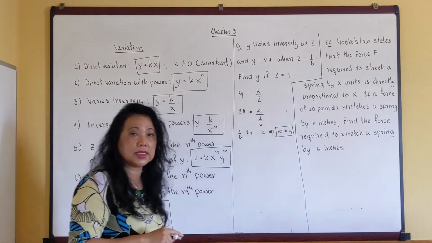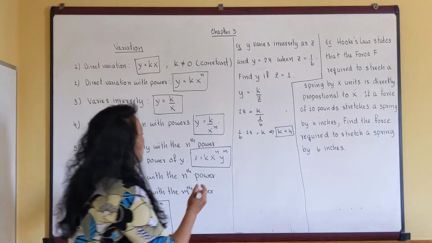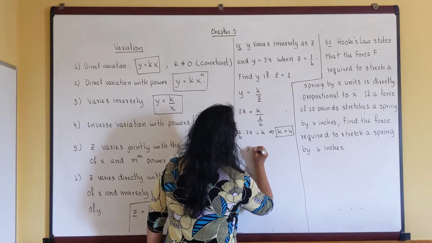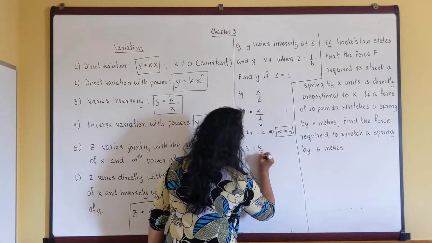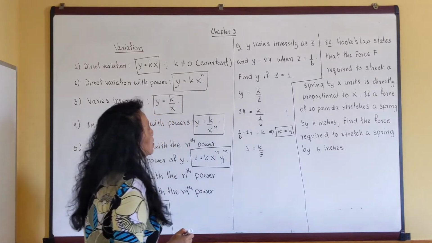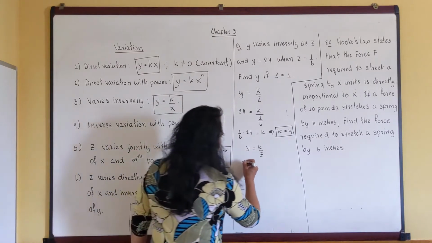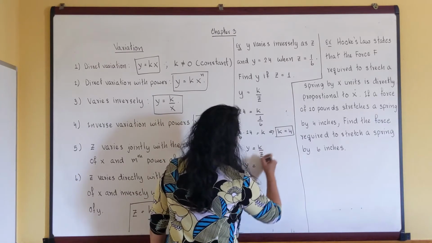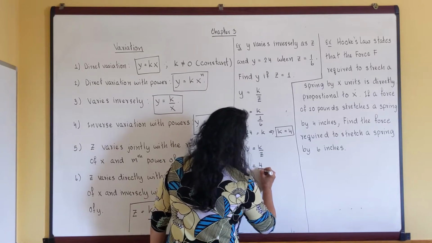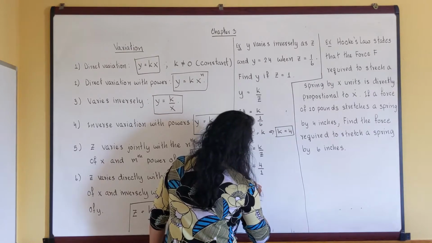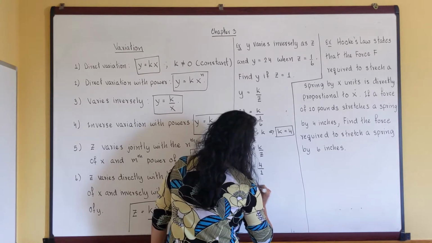Again, k is a constant. Now I'm going to write it y equal k over z. This is our equation. Now, they want you to find y when z is 1. So y, k is constant, which is 4, z is 1. So y would equal to 4.